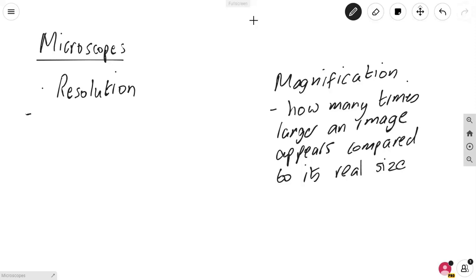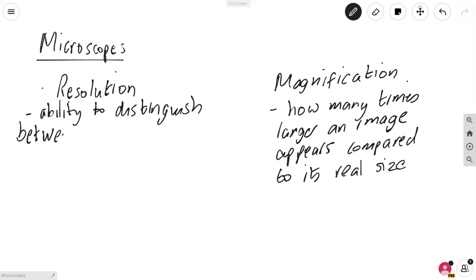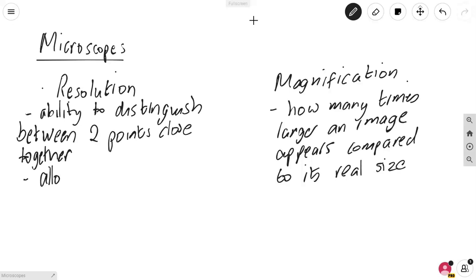We define it as the ability to distinguish between 2 points that are close together. And the higher the resolution, i.e. the more able you are to distinguish between those 2 points, the more detail you can see.